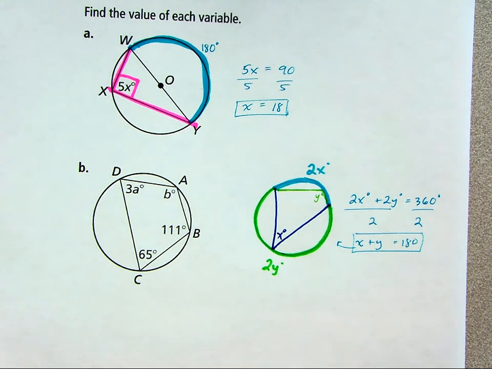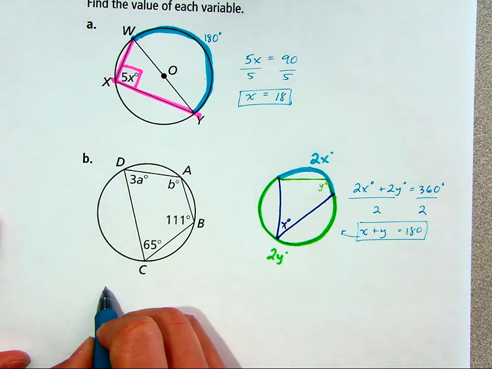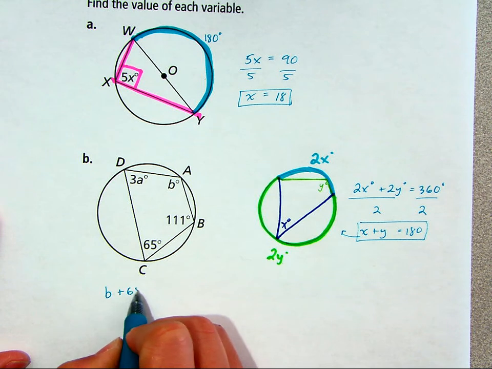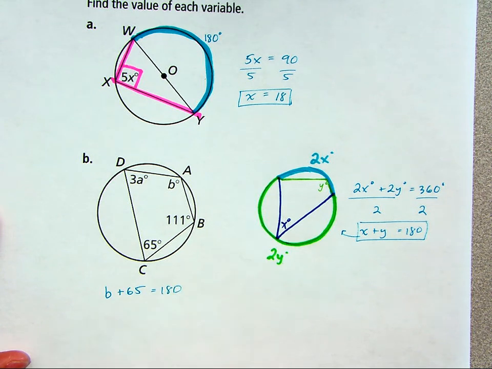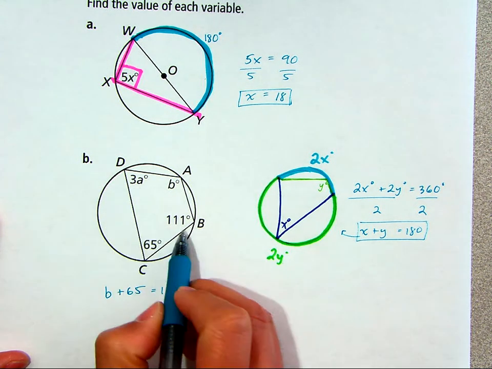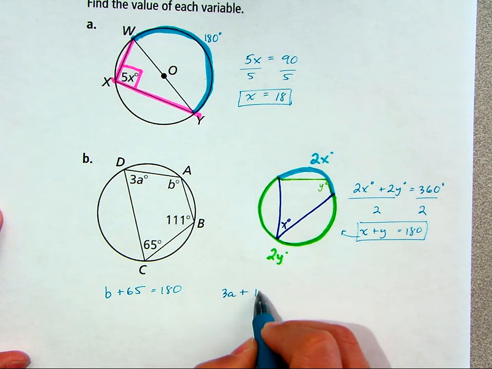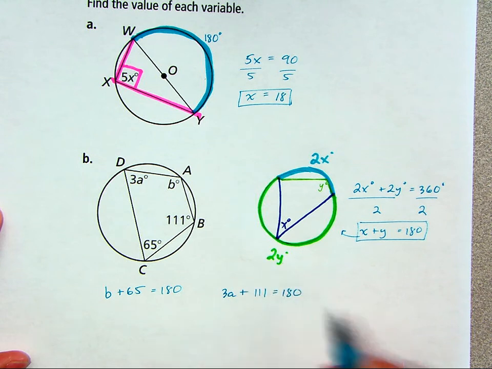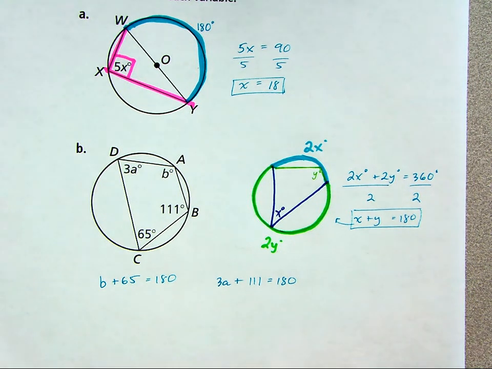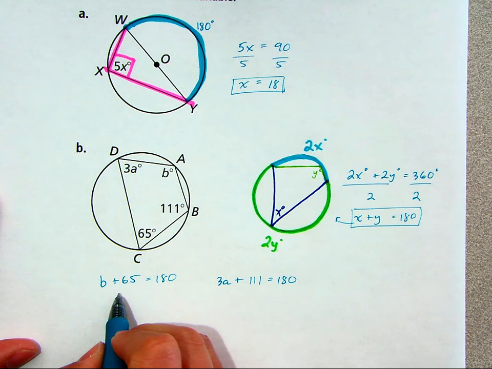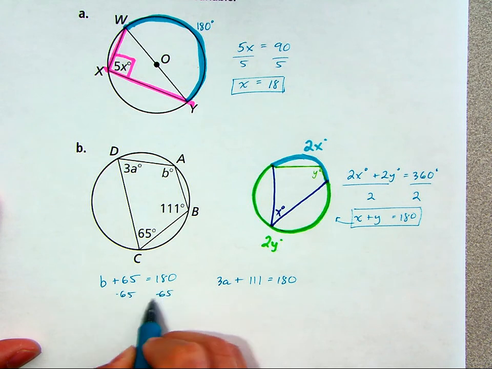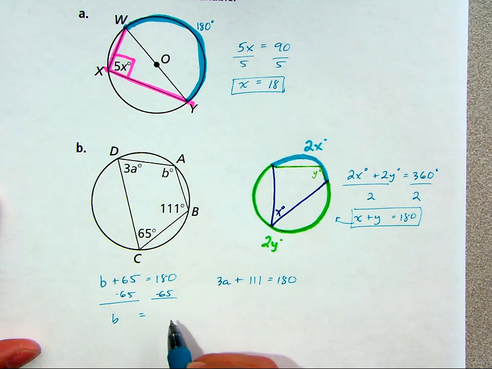All right, let's go ahead and do that now. I said angle B plus 65 has to equal 180, and then 3a plus 111 also has to equal 180. Now we just have two algebraic equations which we're going to solve. Subtract 65 from both sides: b is equal to 115.